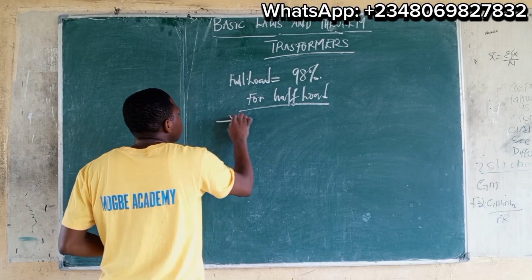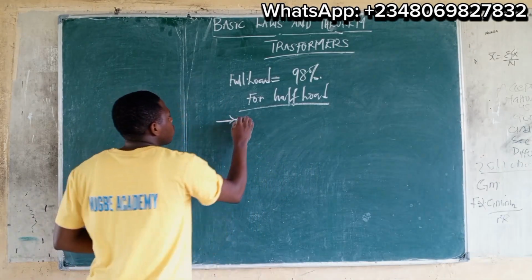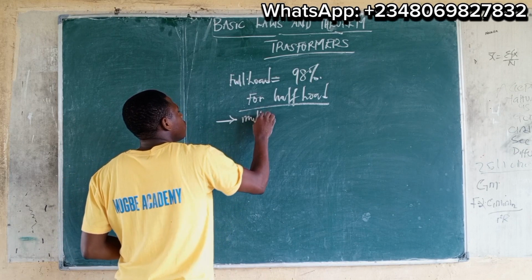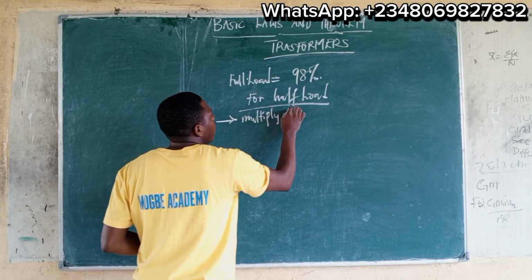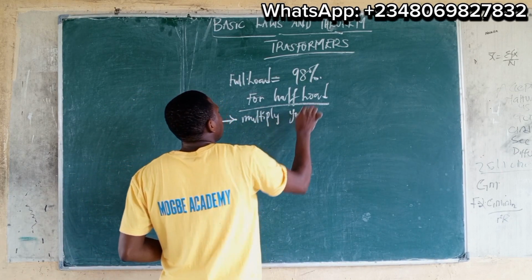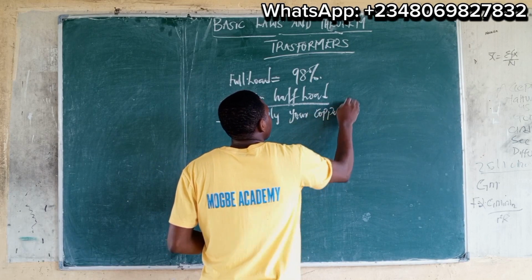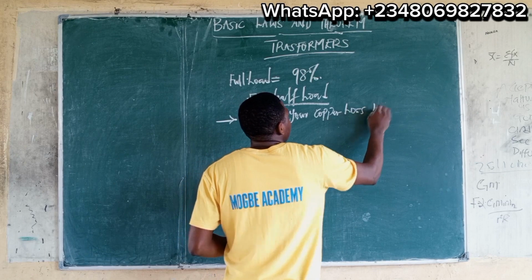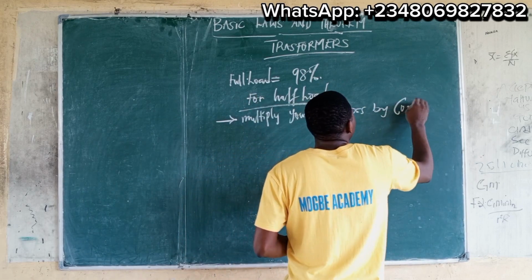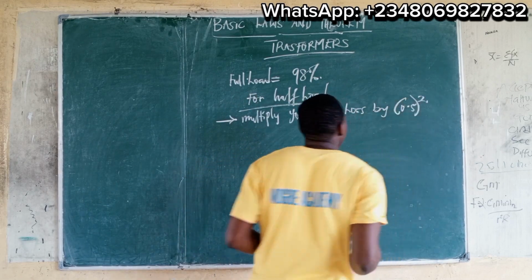So for half load, they gave us two conditions. The first one is multiply your copper loss by 0.5 squared.